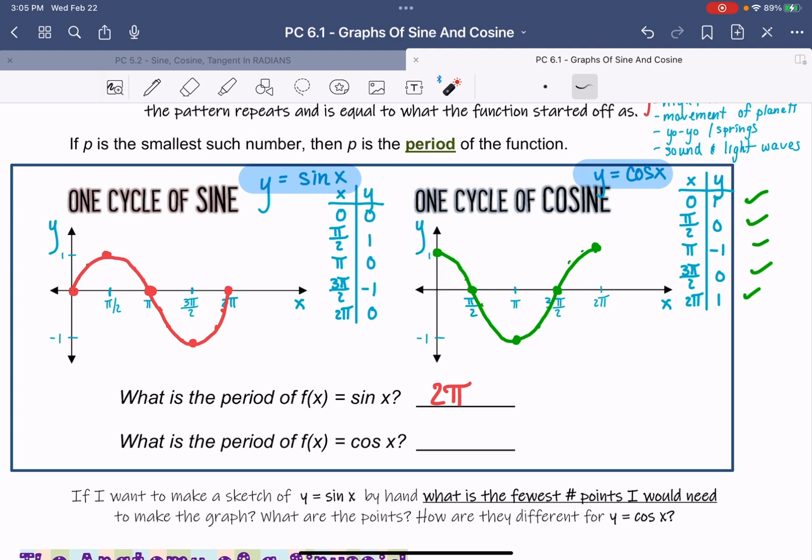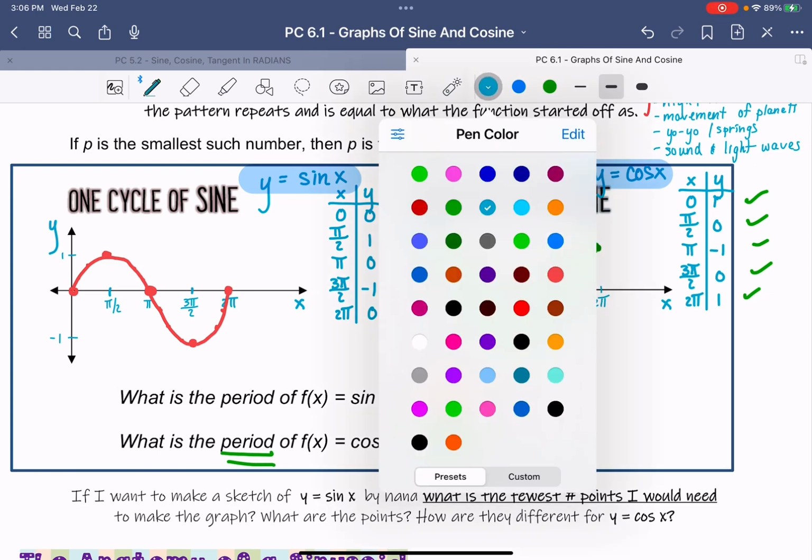But when we graph a cosine or sine function, we typically will say graph one cycle or 2 cycles. And so we are essentially just graphing one portion of the curve. Remember, it is going on forever. So again, what is the period of cosine of x? It is 2 pi as well.